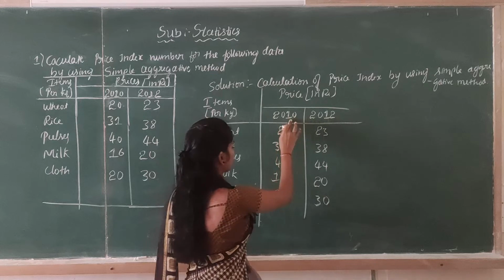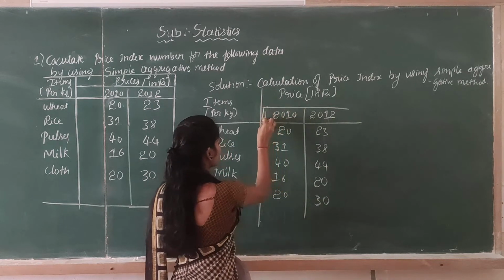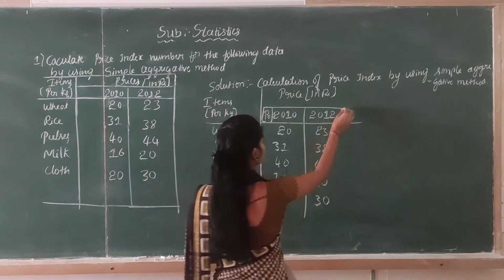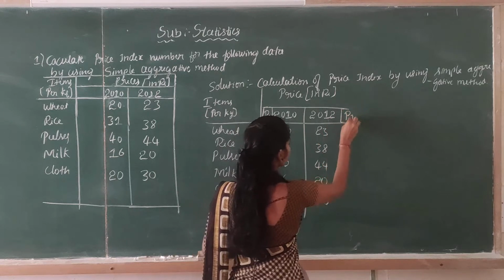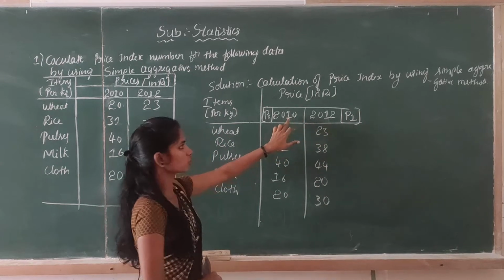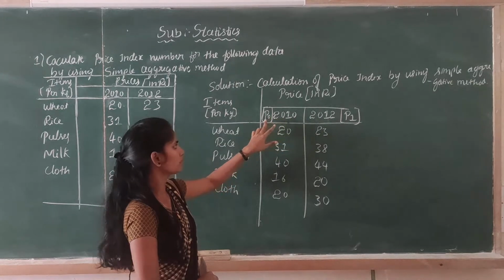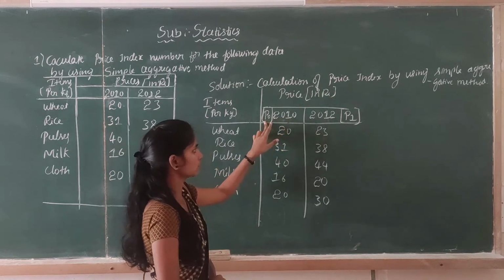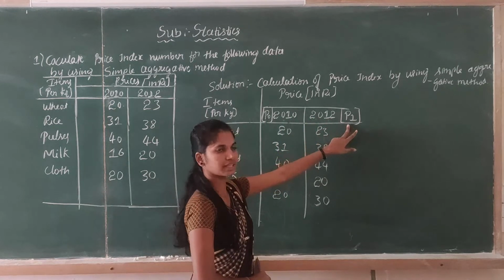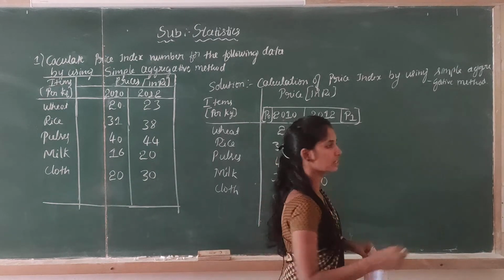That is 2010, so we consider it the base year. Base year is nothing but P0, and the remaining year, 2012, is P1, the current year.